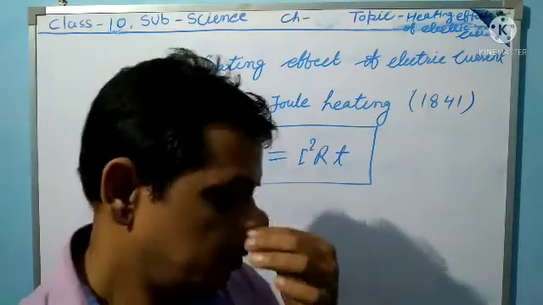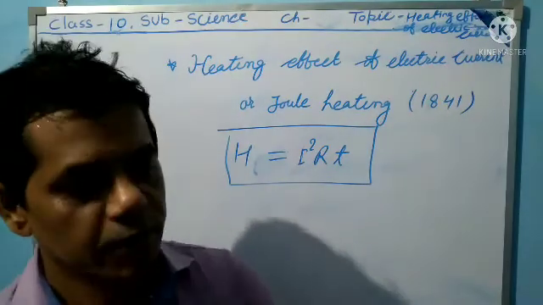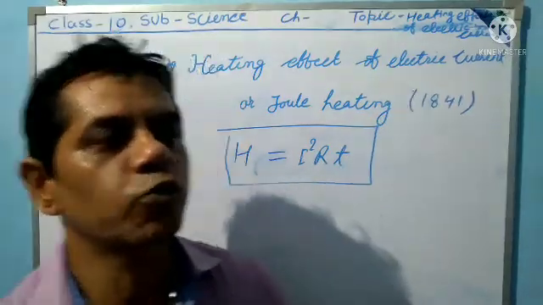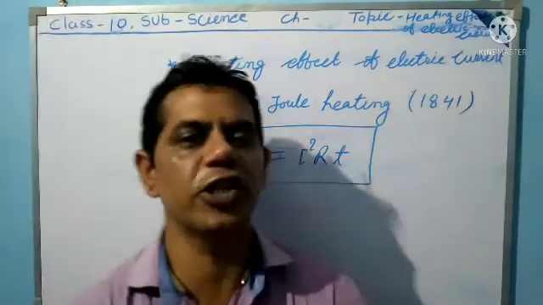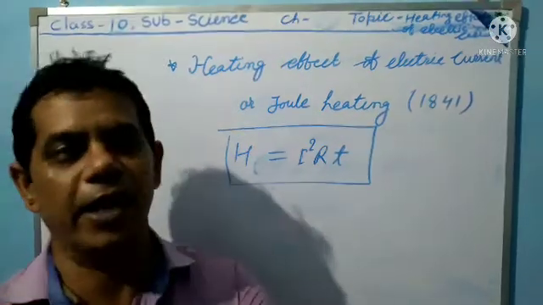Now, in the heating effect, Prescott Joule said in 1841 that when electric current passes through a wire, electrons flow in that wire.